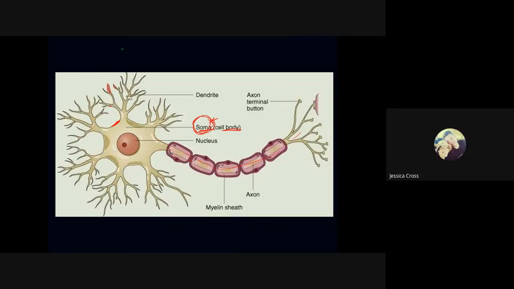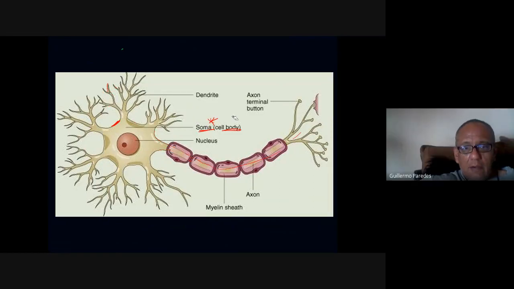Excellent. So now, here we are going to see the body and soma. These are the dendrites. When you study more, you make more dendrites. Don't forget that. The more you study, the more dendrites you obtain.